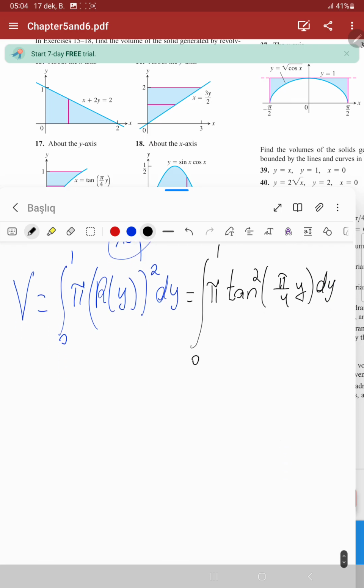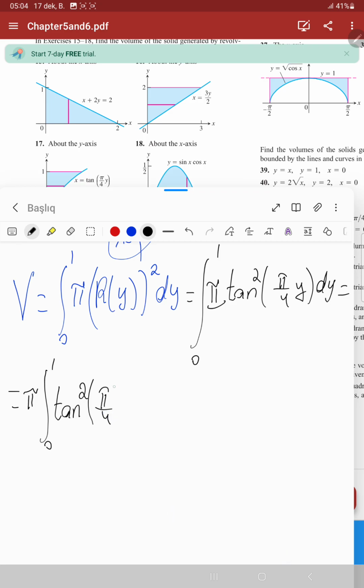As pi is a constant, we can write pi times the integral from 0 to 1 of tangent squared pi over 4 y dy.